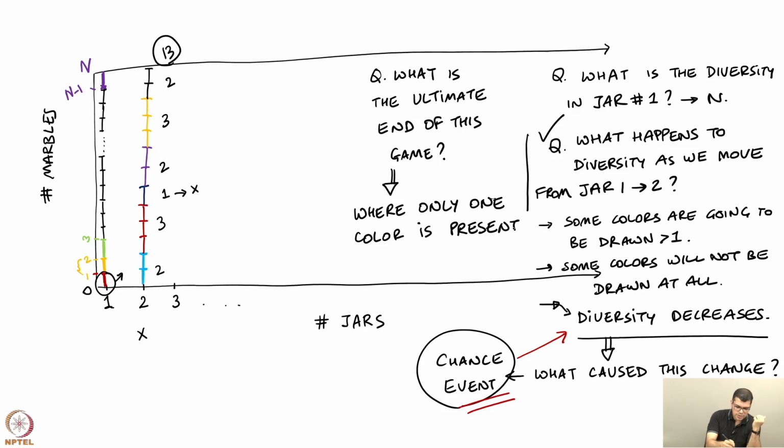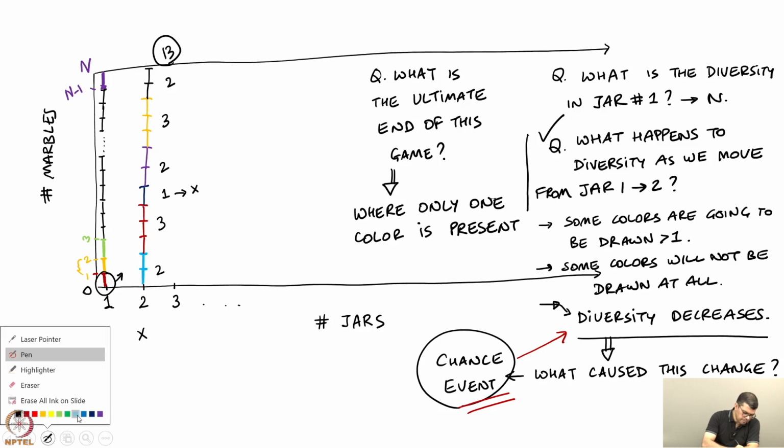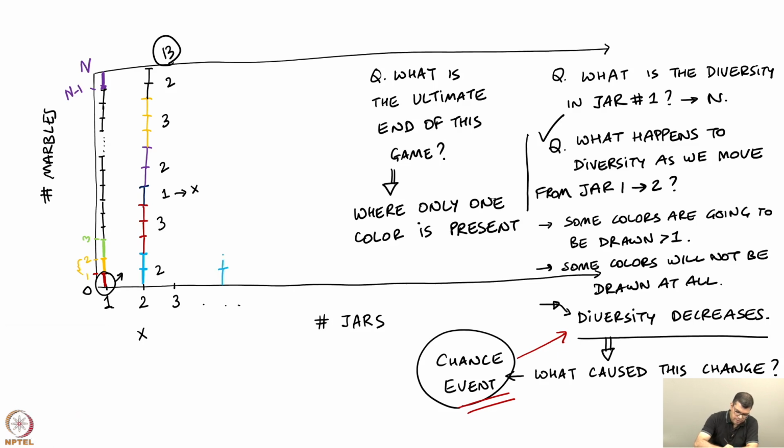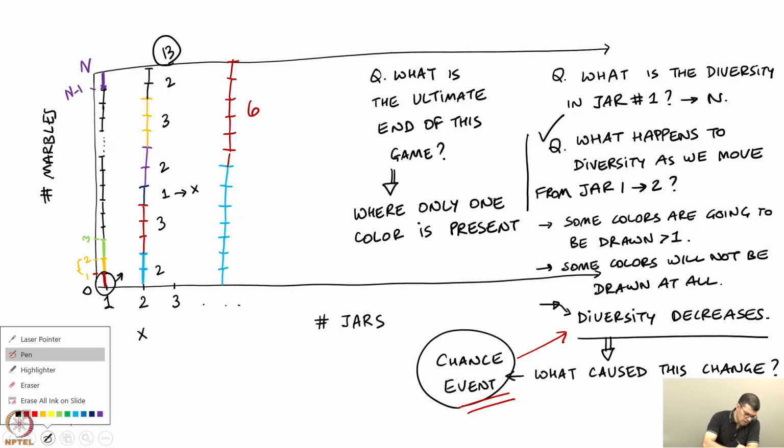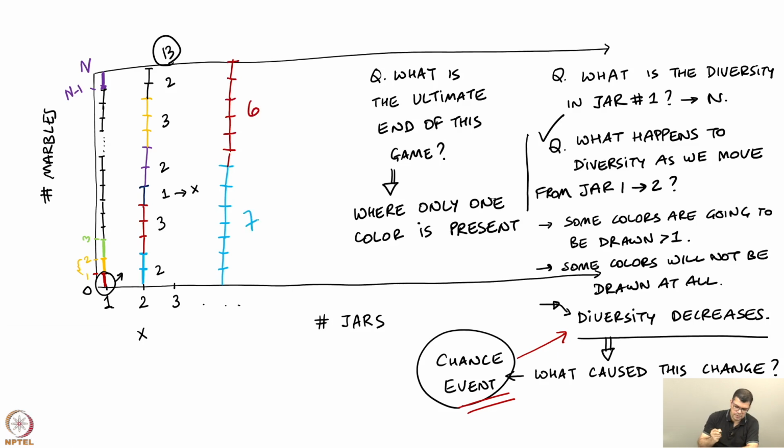It is easier to see loss of colors here, but let us imagine that at some future point in time only 2 colors are left: blue 5, 6, 7 and red 8, 9, 10, 11, 12, 13. So, there are 6 red marbles and 7 blue ones.